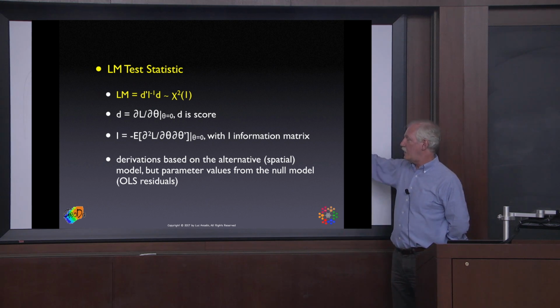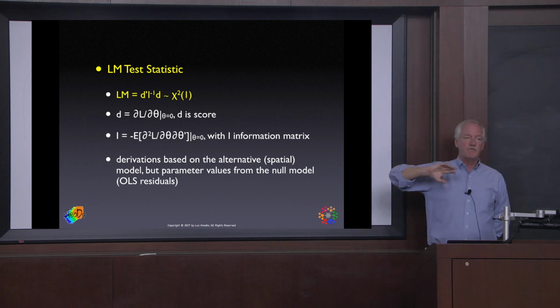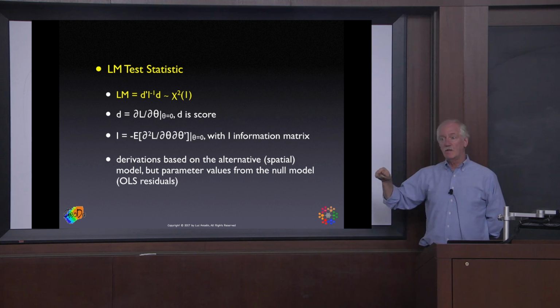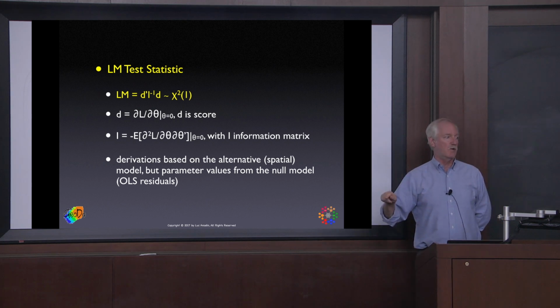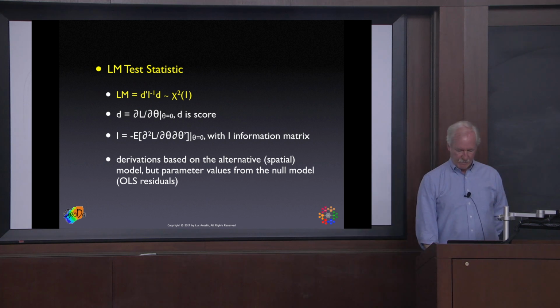So basically what you have to do to get these test statistics is figure out all these partial derivatives, figure out their expected values, and then, that's the easy part, setting the spatial parameter to 0. And then things simplify greatly, as we'll see in a few minutes.